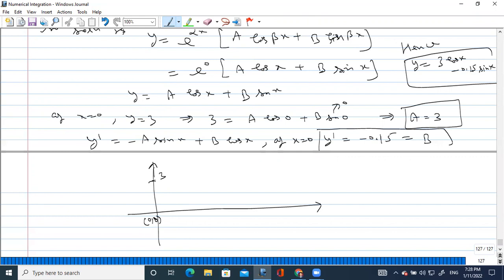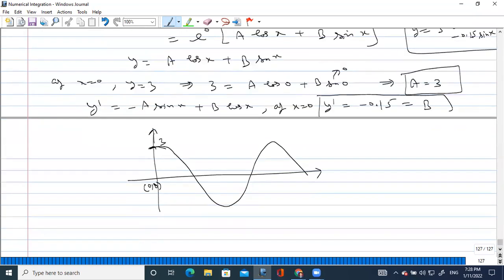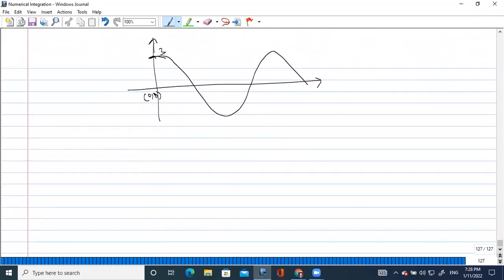It means the graph will cross here. And then I know that this is a cos x and sin x combination, so definitely it will be oscillatory. So then you can make it. Starting from here, just a starting point you just know and you can make it. It is oscillatory only. Okay. Now coming to the next question.